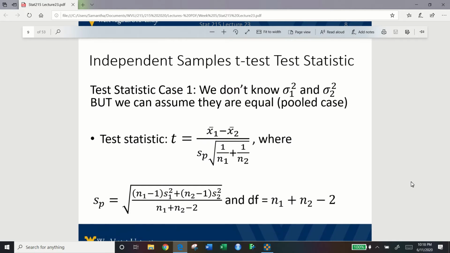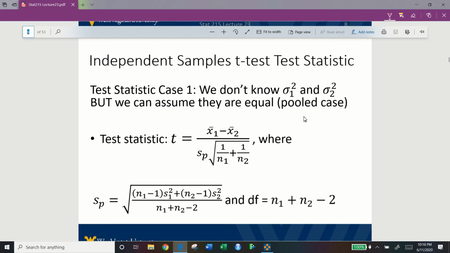Our test statistic, in the case where we don't know the population variances but we assume they are equal, is what we called the pooled case.